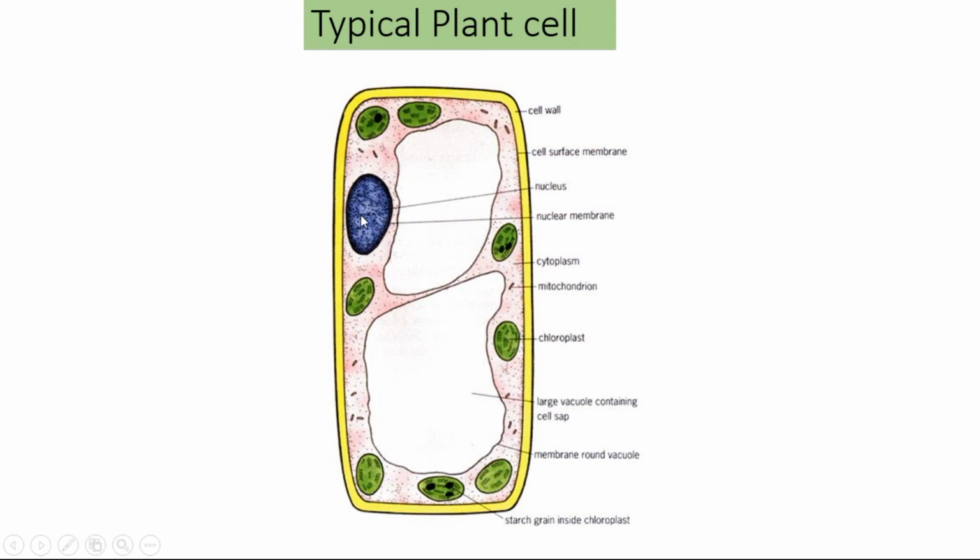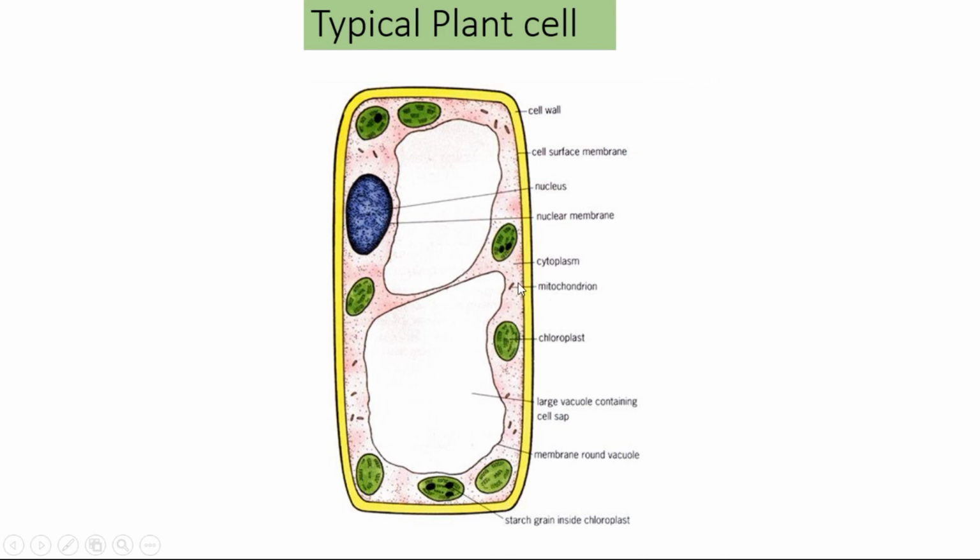It too has a nucleus that would contain a nucleolus, and all nuclei, whether in a plant cell or an animal cell, is bound or surrounded by a nuclear membrane. The plant cell also contains that jelly-like material, the cytoplasm, in which all of the other organelles are found.